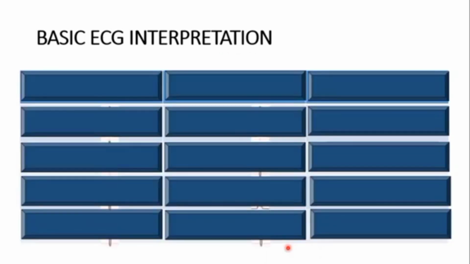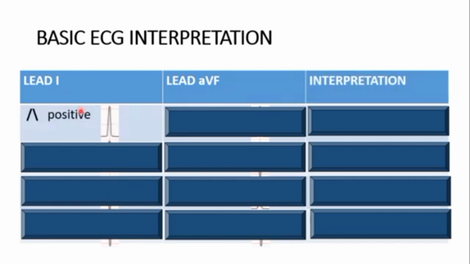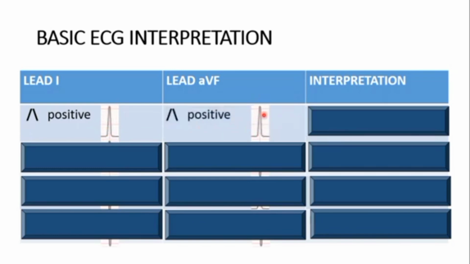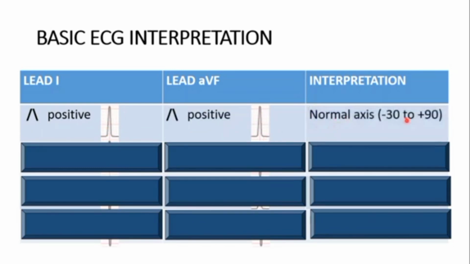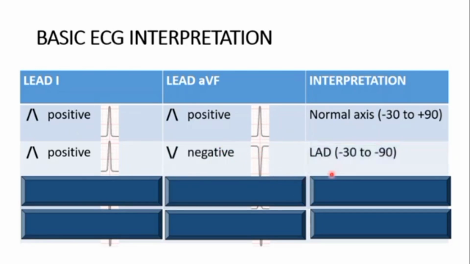Now, all you have to do is take lead 1 and lead AVF, and interpret. If lead 1 is positive, I mean in the upward direction, and lead AVF is also upward, then it is normal axis. If lead 1 is positive and lead AVF is negative, facing downwards, this is left axis deviation.